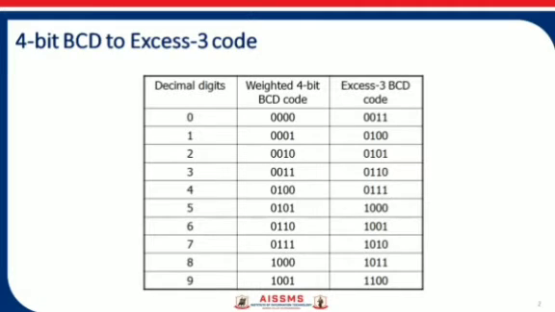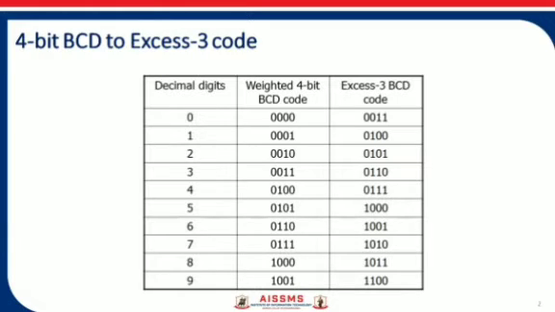You can see how to represent a BCD number. Basically, BCD numbers range from 0 to 9. To represent these BCD numbers in 4-bit, the table is shown in front of you.